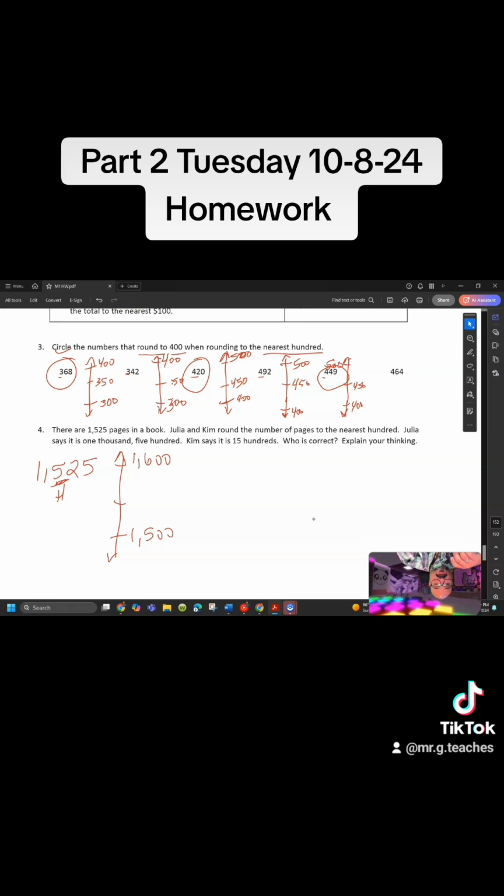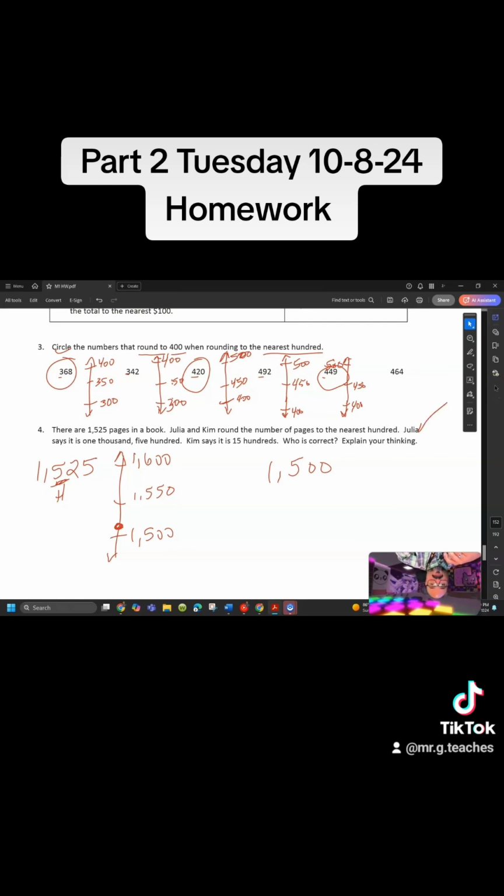Halfway would be 1,550. 1,525 is below 1,550, so it would round down to 1,500. Julia says it's 1,500, so Julia is correct.